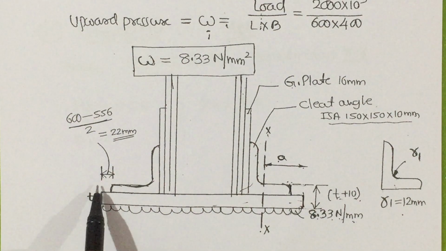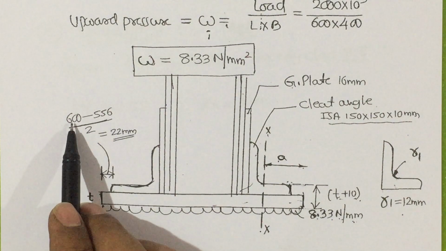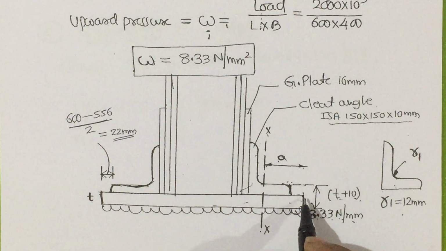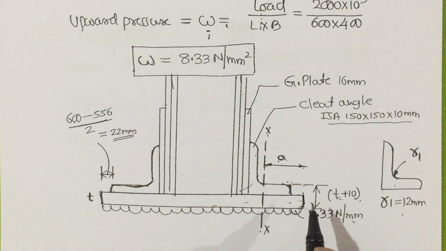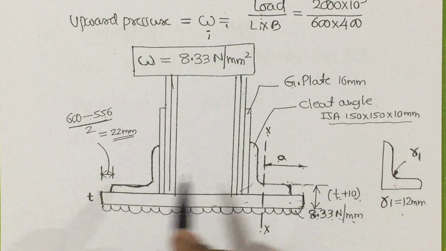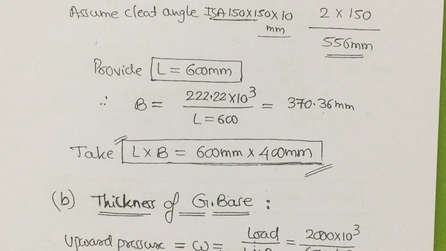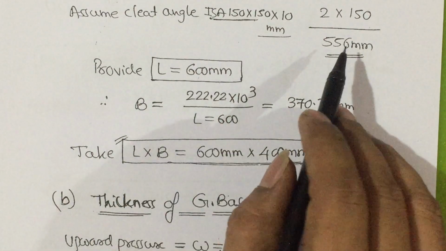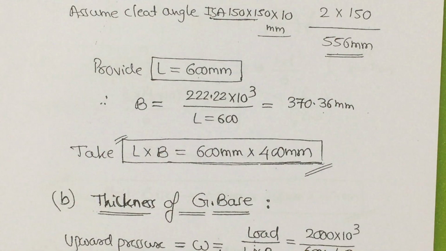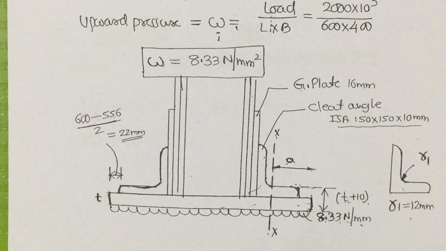Then this extreme edge projection will be, total it is 600, then nothing but total length from here to here, it is 600 minus 556, that is overall what we calculated. 600 we took, but actual length is 556. So, divided by 2, we are going to get 22 millimeter.